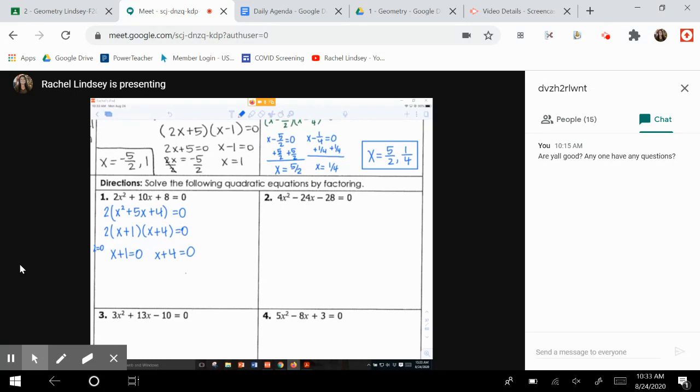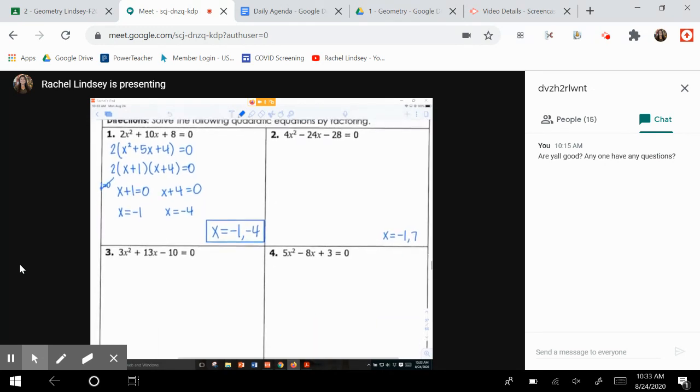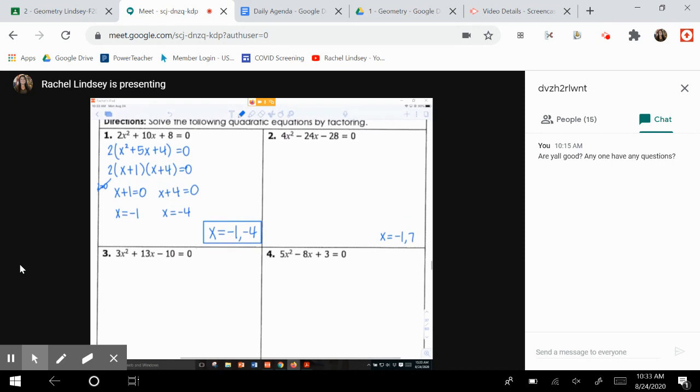But if there's a variable out front that you factored out, you do need to set that equal to 0. Okay, so what are my x's going to equal? Negative 4 and negative 1. Answer for number 2 is negative 1 and 7.